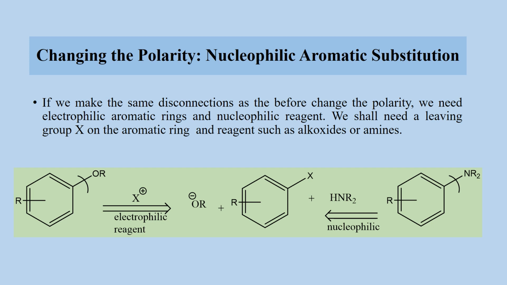Next, the changing of polarity: nucleophilic aromatic substitution. The aromatic compounds usually do not undergo SN reactions. The reason is that if an aromatic compound, that is benzene, has a good leaving group, that is any halogen, and an attacking group attacks it, the reaction is not feasible under normal conditions. Why?